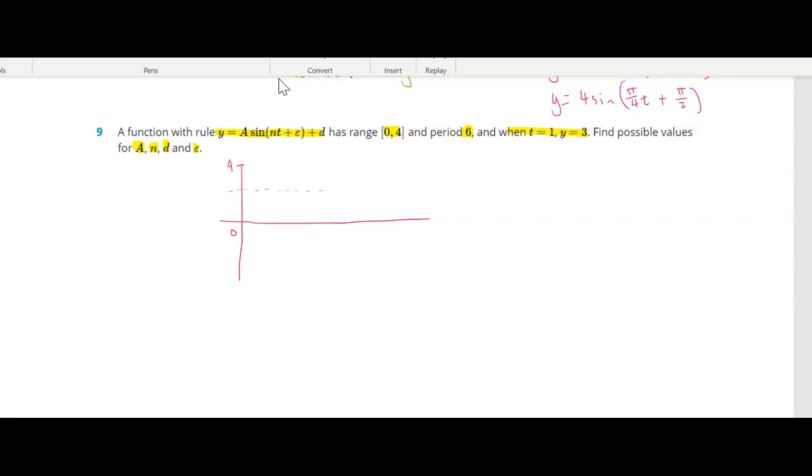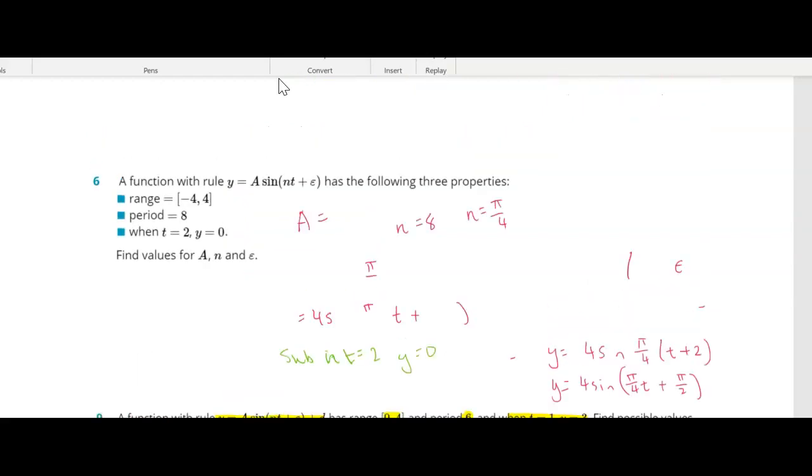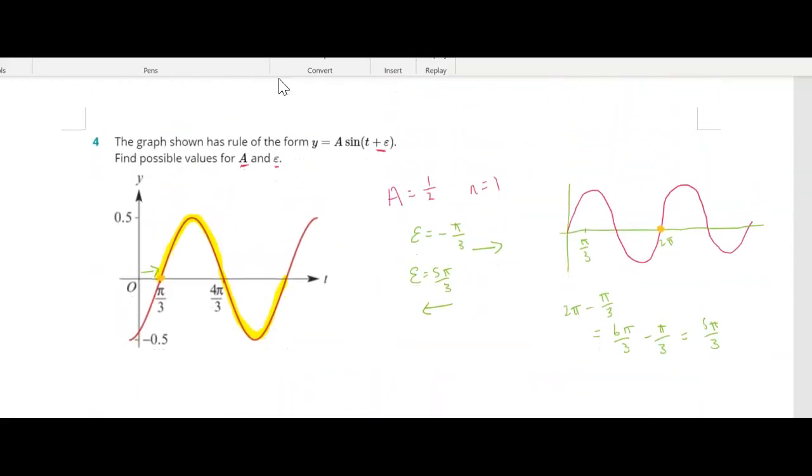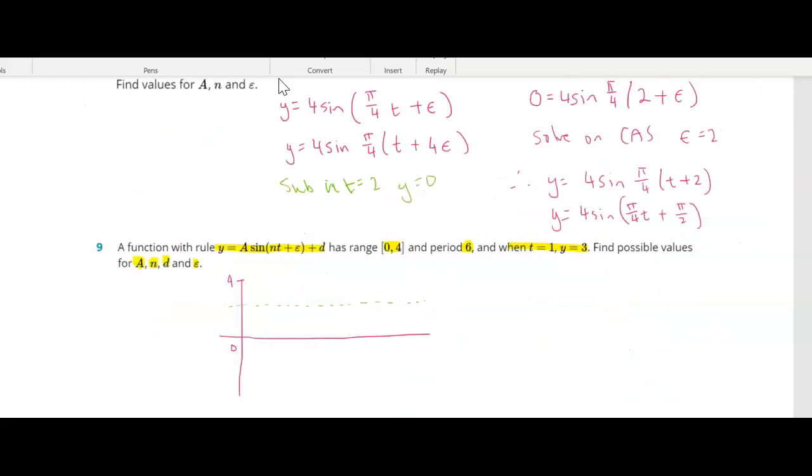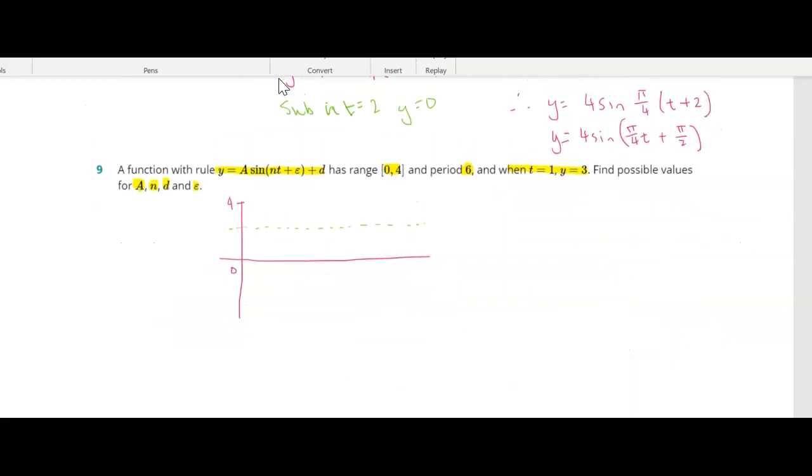So if I was to draw a line going through there, that is basically what has happened to your x-axis, okay? We've been shifted up because in your normal sine graph, it is split in half with your x-axis. So let me just go up to these ones. You can see the x-axis is the halfway point when you're not going up or down. So if we've gone up, I'm just going to go halfway between whatever my range is. So my range is from 0 to 4, so halfway is 2.